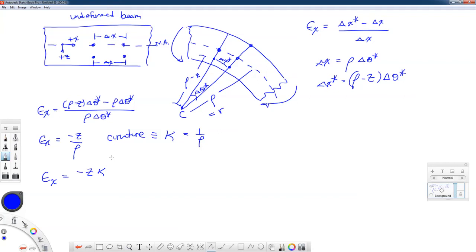If we are restricting ourselves to a linear elastic isotropic material and can assume that we have essentially a uniaxial stress state in our beam, let's write some of that down.